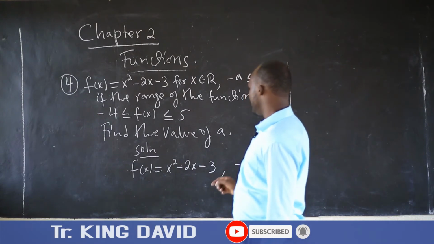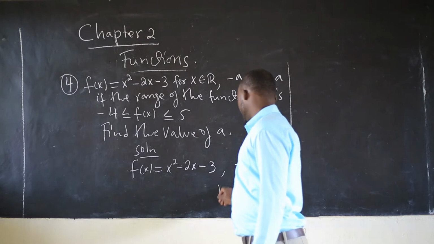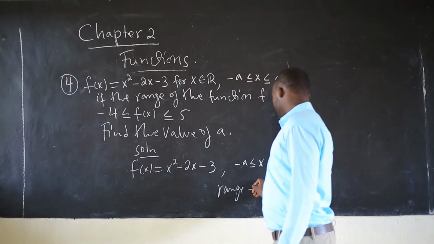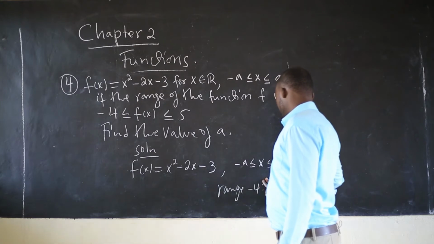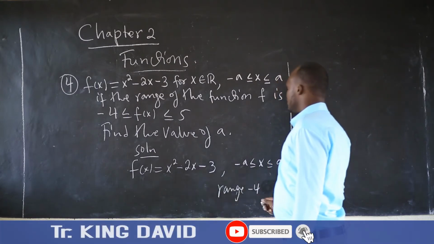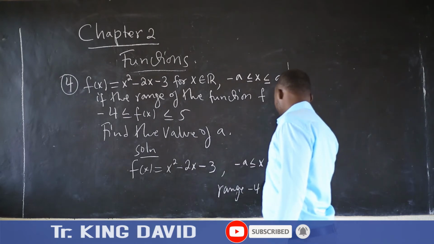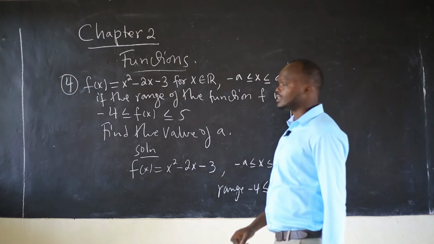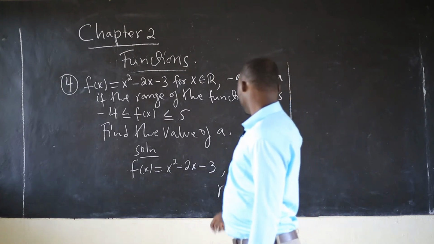The range of the function is given as negative 4 less than or equal to f of x less than or equal to 5. So find the value of a.